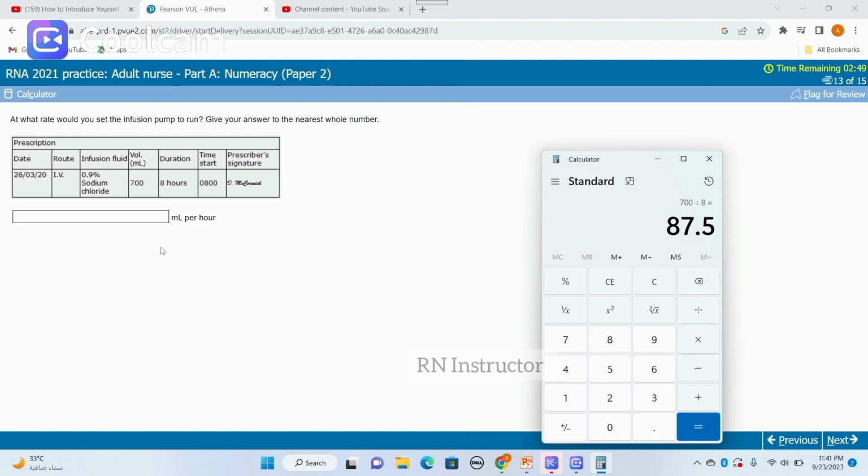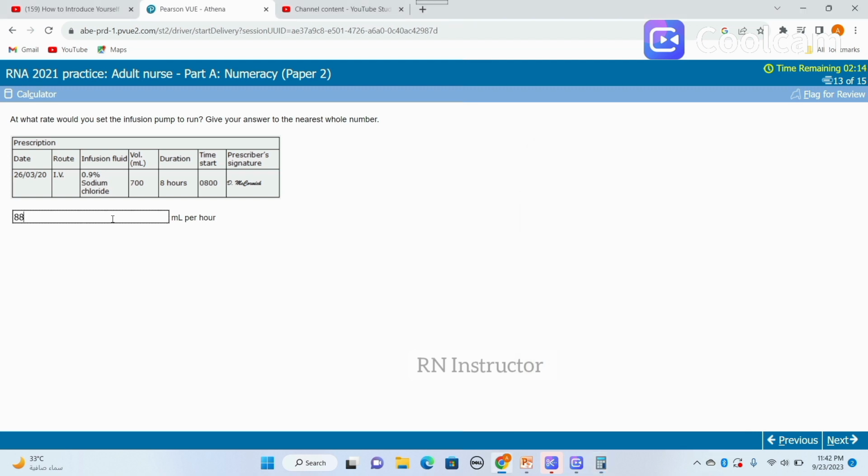Dividing 700 by 8 hours, we get 87.5. The nearest number could be either 87 ml or 88 ml, so 88 ml per hour.